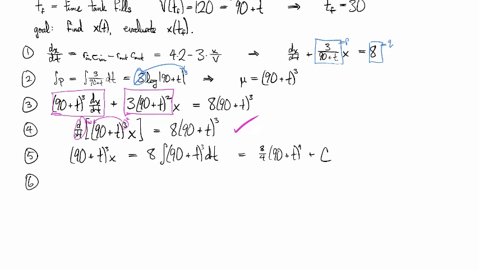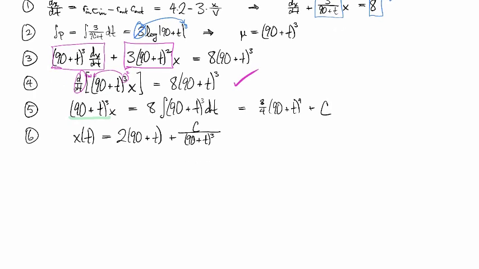My last step is to divide the 90 plus t cubed to the other side, so I have x of t is equal to 2 times 90 plus t from the first part, plus c over 90 plus t quantity cubed from the second part. Now I have my formula for x, and I can use the initial conditions to determine what that constant is.